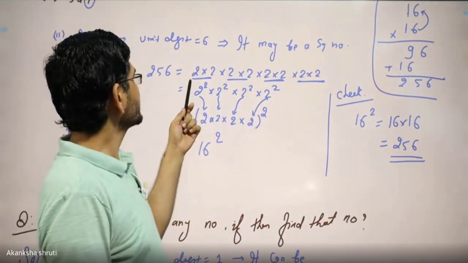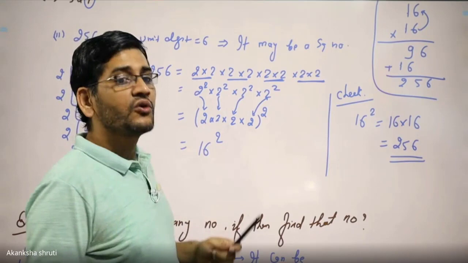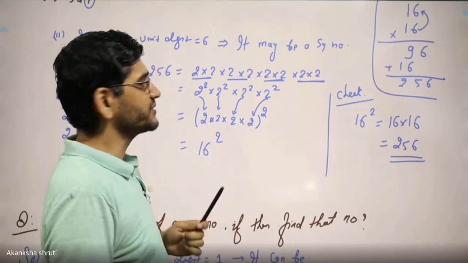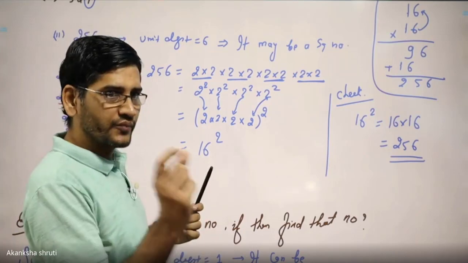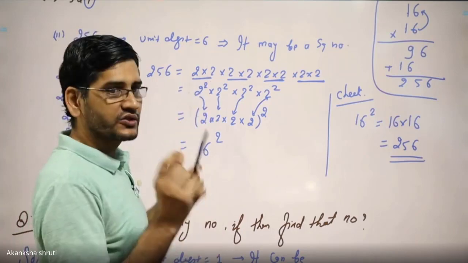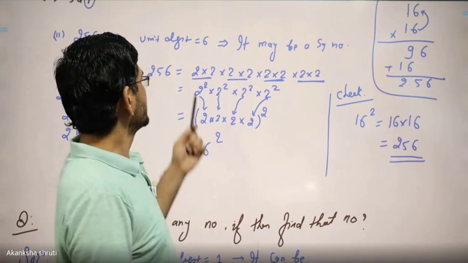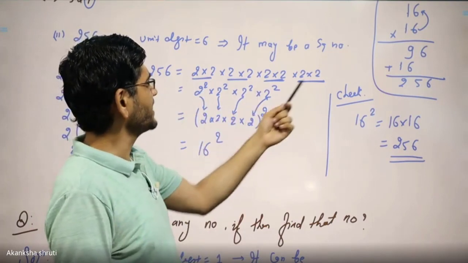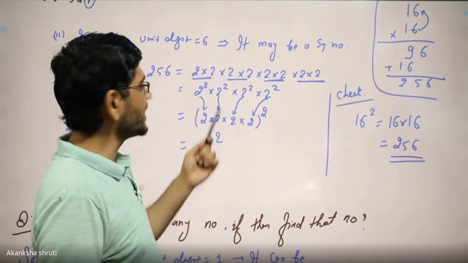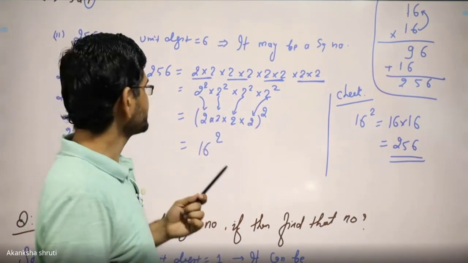Students, now for getting whose square this 256 is, we have to make groups of 2 of the same numbers. Here it is 2. So taking pair-wise, we take one of each pair.